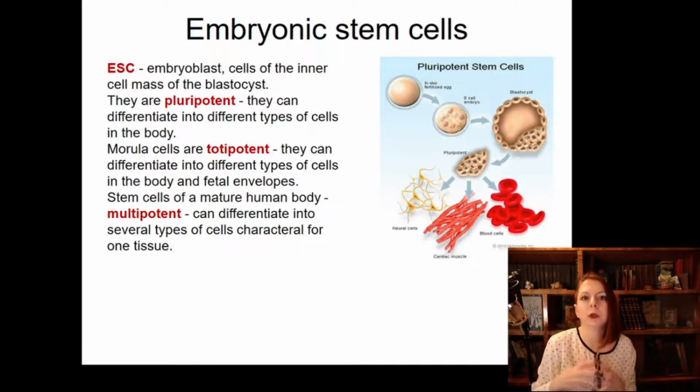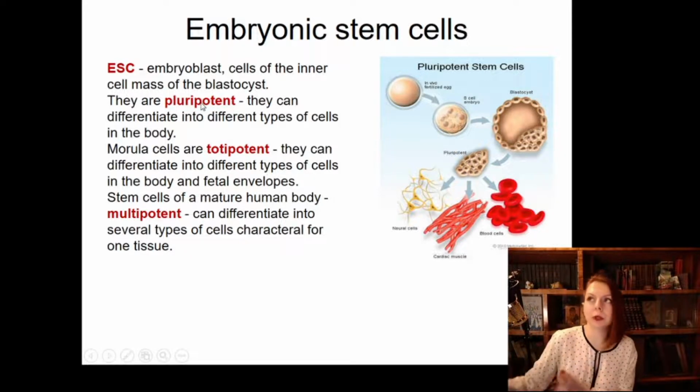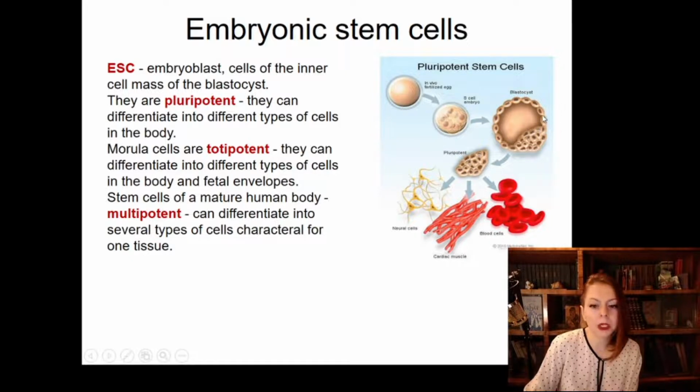And if we take only one cell, it can give rise to a new embryo, the whole embryo. Then, if we are talking about the blastocyst and its inner cell mass, we call the inner cell mass, or embryonic stem cells, pluripotent. This means they can give rise to all embryonic tissues except envelopes. The trophoblast gives rise to envelopes, the inner cell mass only to the embryo.